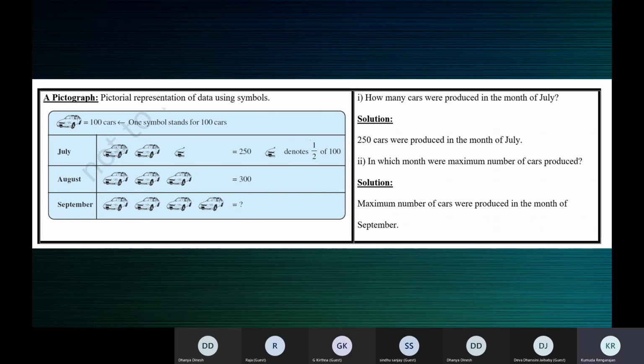So children, I'm sure you are familiar with the term pictograph. Yes, ma'am. Now I want you to take a screenshot of this and go through this by yourself later. Take a screenshot.